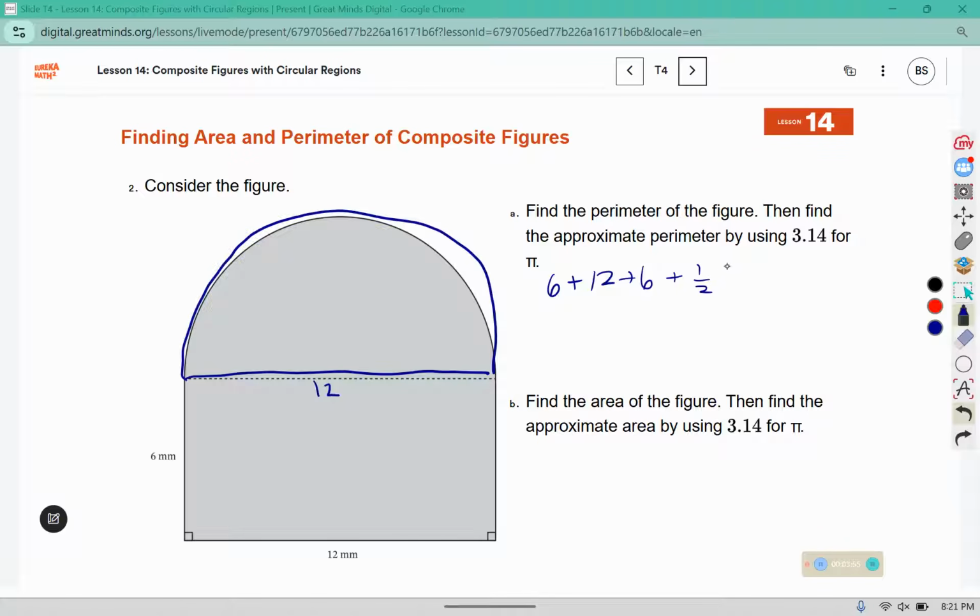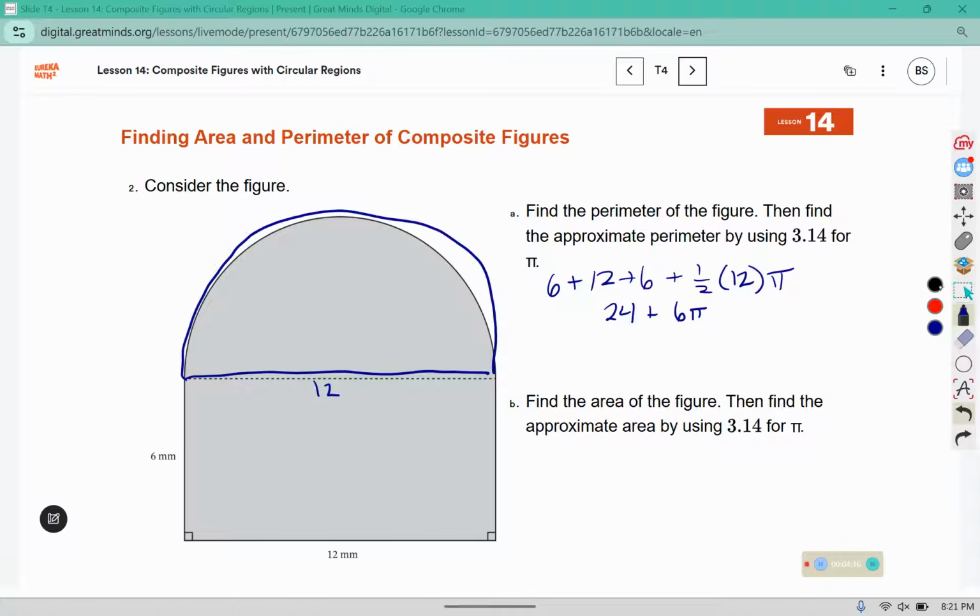Remember, circumference is the diameter times pi. Here I have 6 plus 12 is 18, plus 6 is 24. Half of 12 is 6, so it's going to be 24 plus 6 pi as the perimeter.